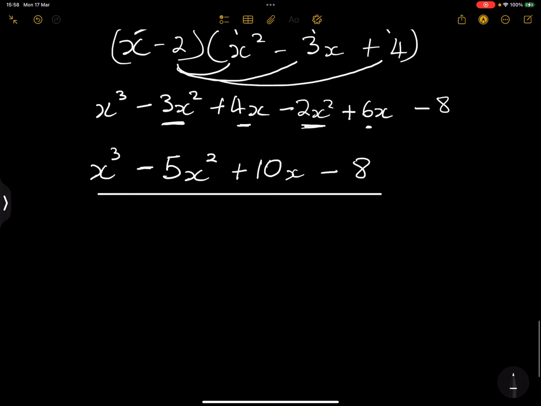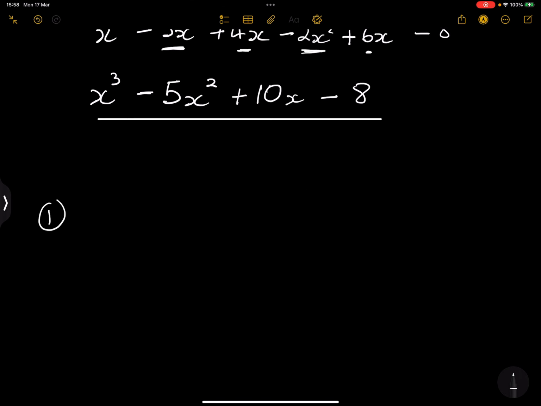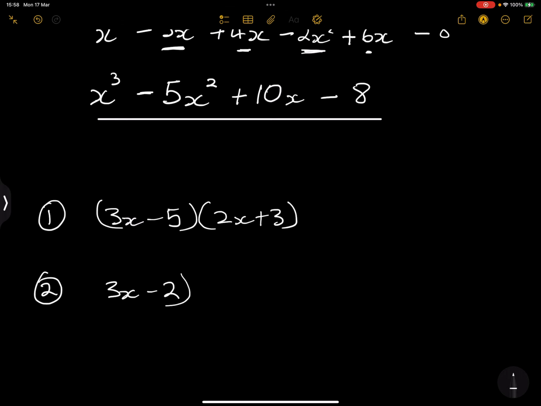But I want you to actually try the following out. Take 3x minus 5 into 2x plus 3. The second one, I want you to try 3x minus 2 squared.